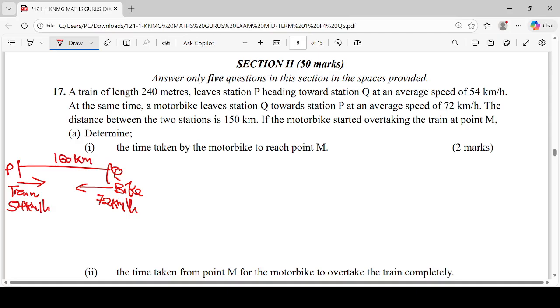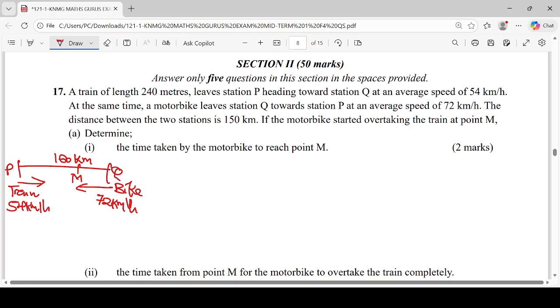If the motorbike started overtaking the train at point M, maybe they began overtaking at this point here, we can call this point M, determine the time taken by the motorbike to reach point M.